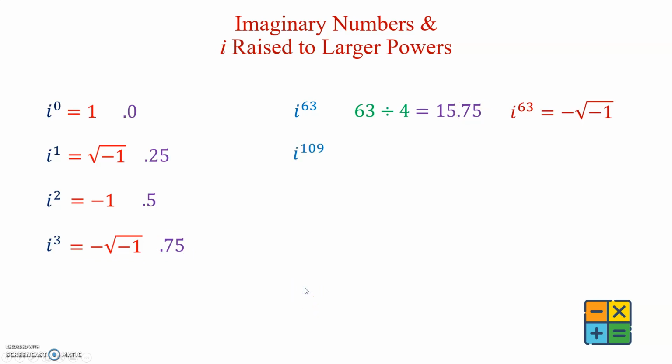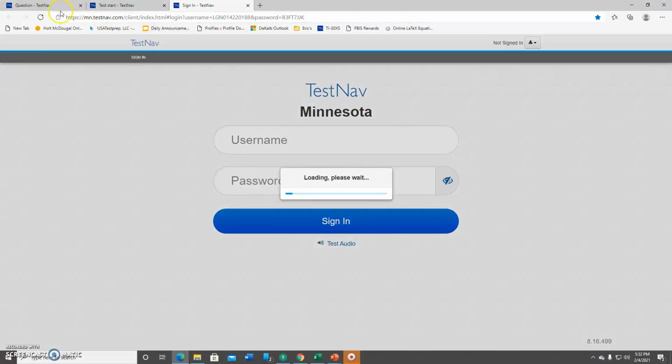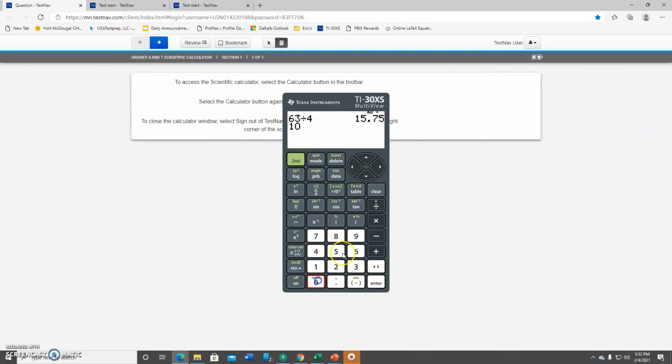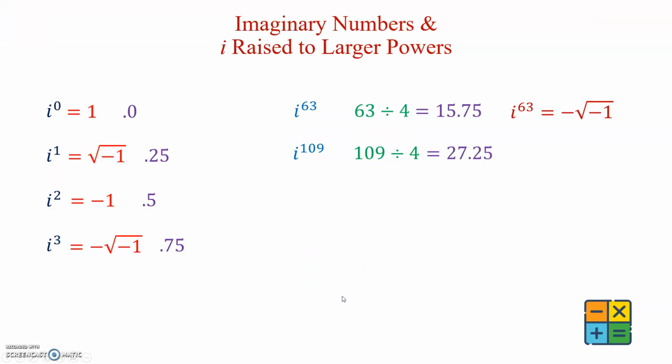Next one, I to the 109. So 109 divided by 4 in our calculator gives us 27.25. This 0.25 is the same as that one, which means our answer is the square root of -1.